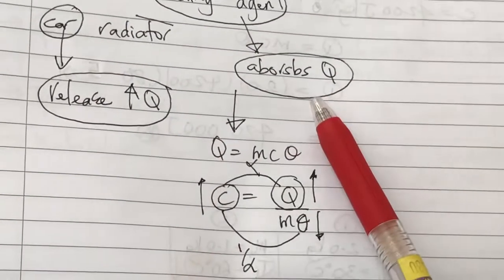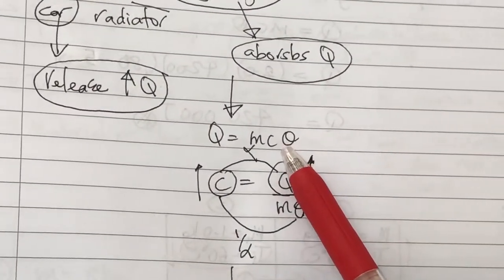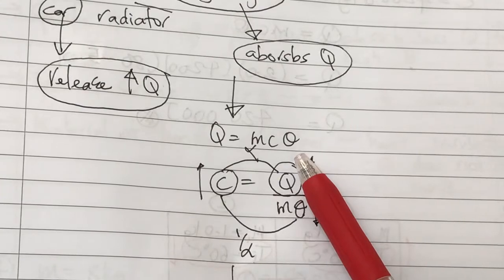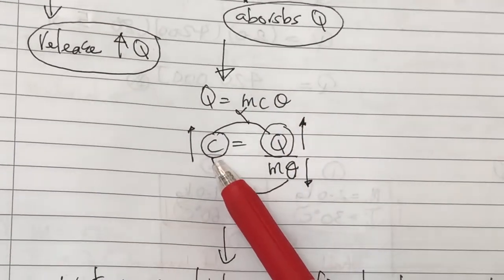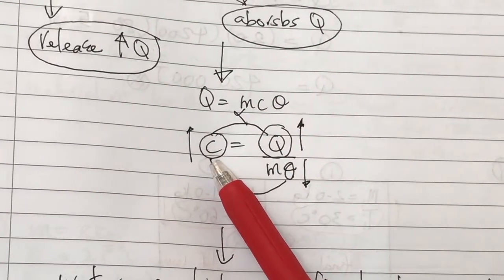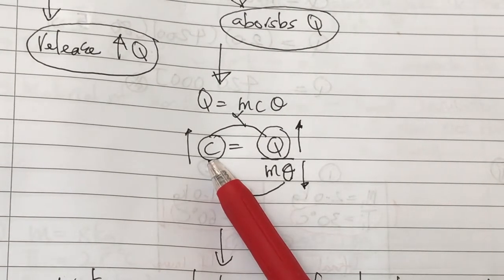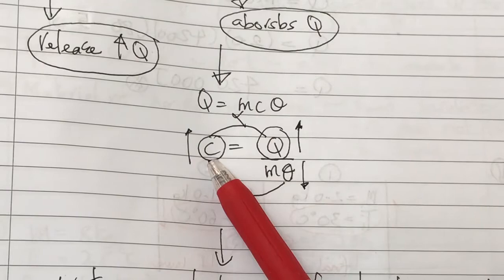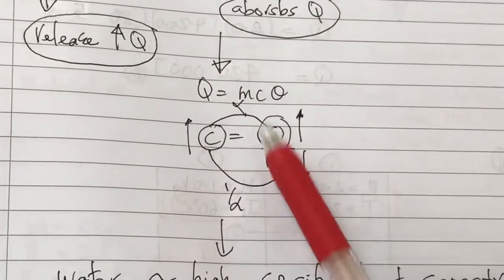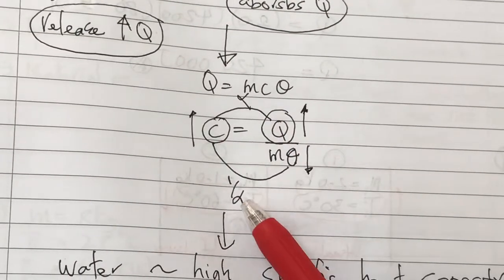Since it is involving heat, I'm using the formula Q equals mc theta. I made c the subject, and we know from the previous physics lesson that from a formula we can get the factors: up and up is proportional, up and down is inverse.